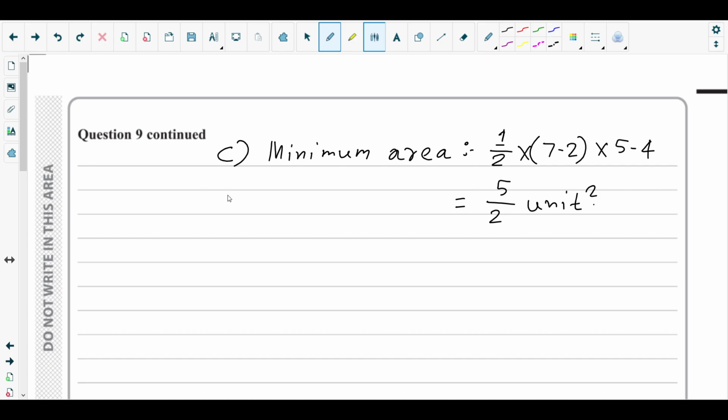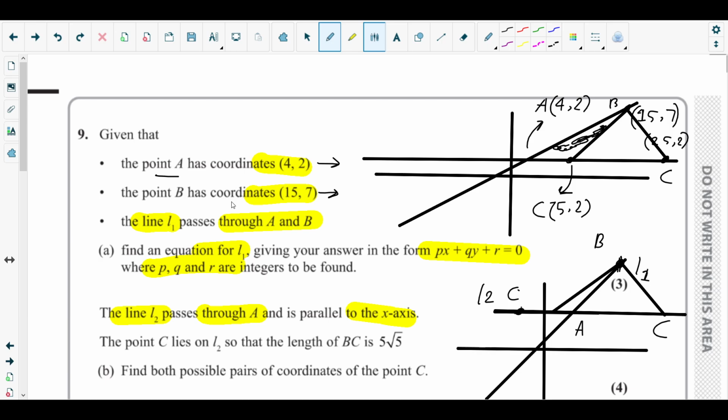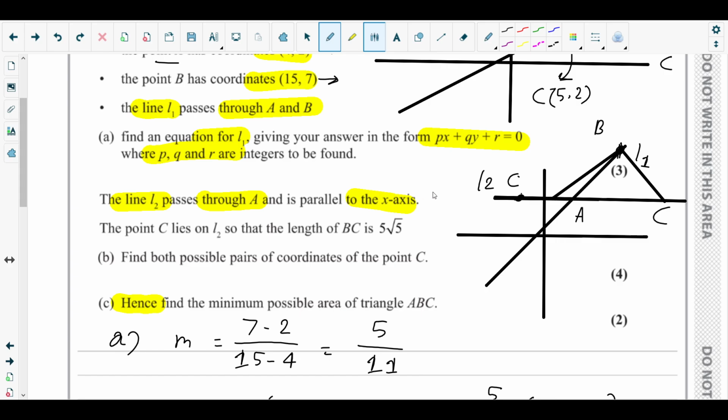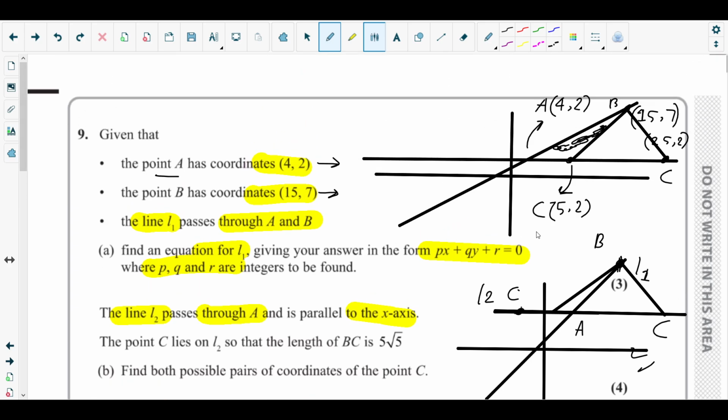Previously, since the two positions for point C were unknown, the sketch was not perfect. But when I drew the perfect sketch, it was visible which area is the minimum.